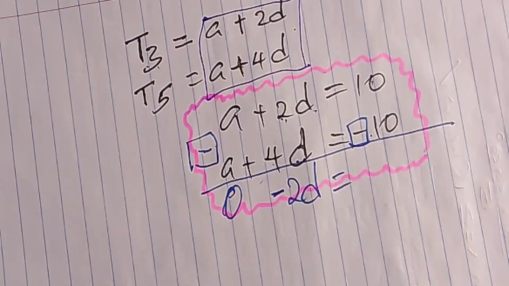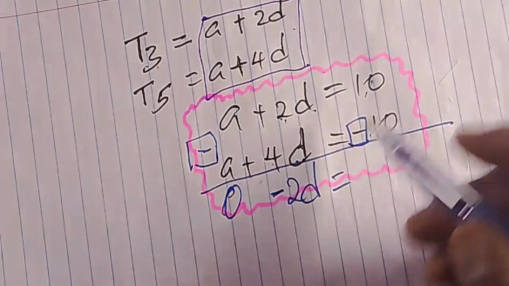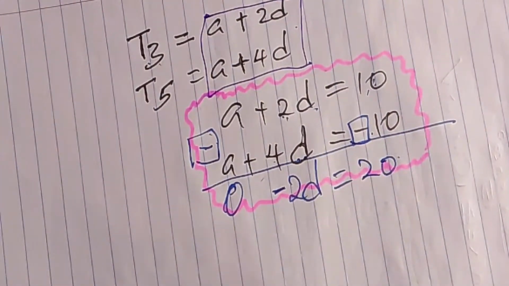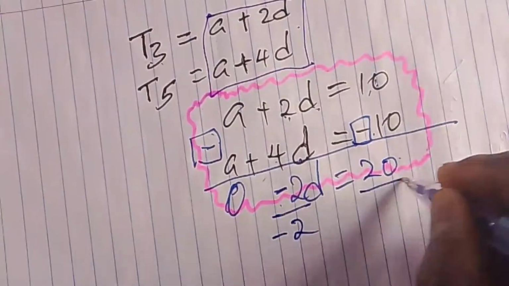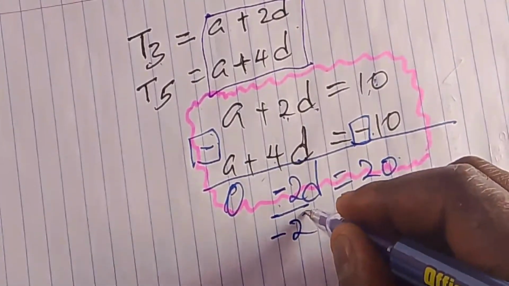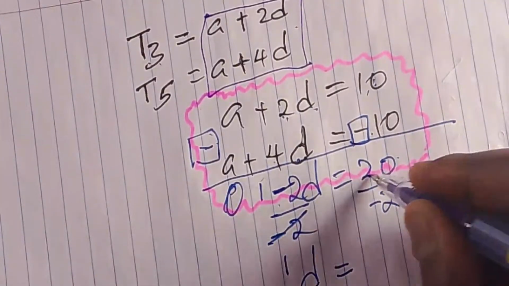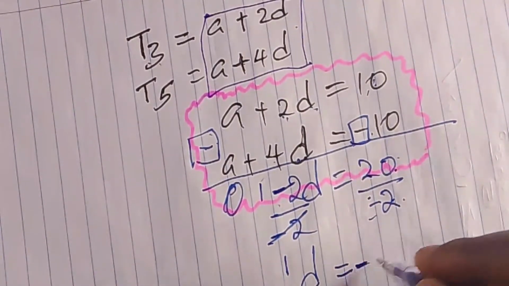Minus mbili zinakuanga plus. Kwa hivyo minus minus ni plus. 10 plus 10 itakuwa 20. Kwa hivyo tutakuja hapa to divide by negative 2 by negative 2. Tubaki na d ni 20 divide by negative 2 itakuwa negative 10.